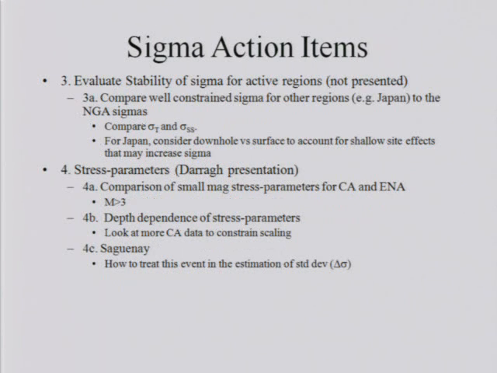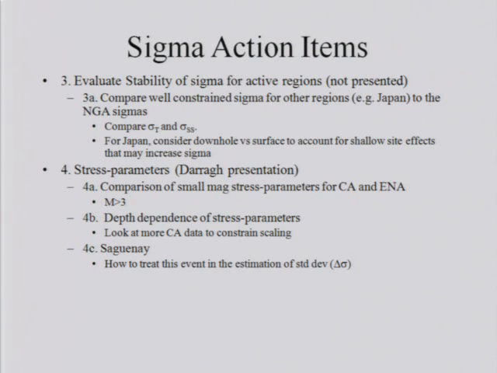Another action was stability of sigmas. We're not going to present this. There's a bunch more work that's starting to happen on this. Once we start to look at other regions, we can look at California, Japan, Taiwan, Turkey, areas where there's a lot of data, and we can get the sigma for that region. How stable are these empirical estimates of the sigma?